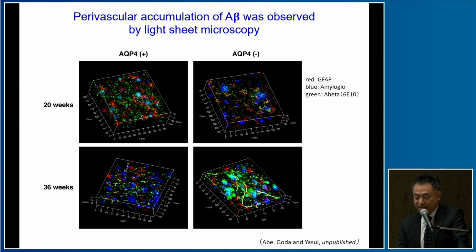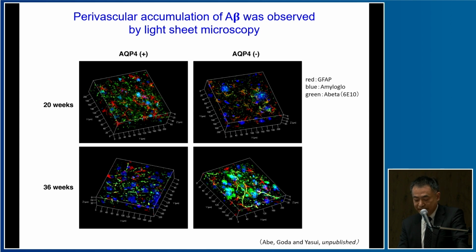Next, we further examined using light sheet microscopy. The left panel shows 5-FAD alone, and the right panel shows the combined, with the upper panel at age 20 and the lower at age 36. At age 20, there is no significant difference. Maybe this blue, this is aminoglow, showing the A-beta plaque, a little bit more A-beta plaque, but not so significant.